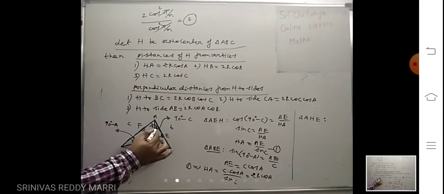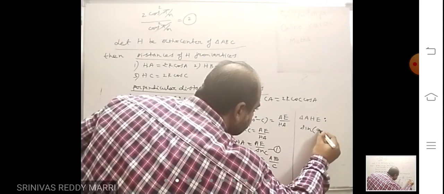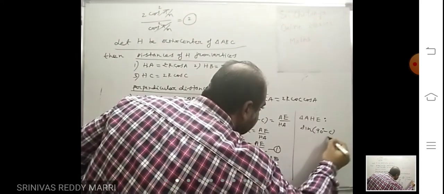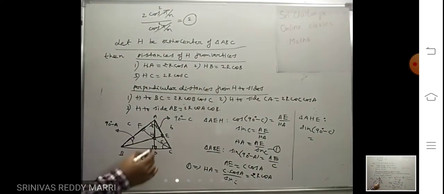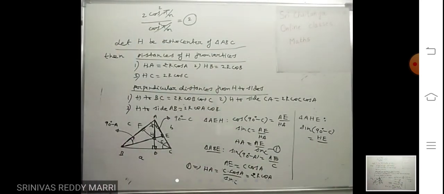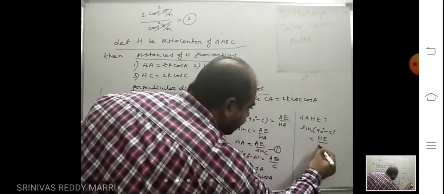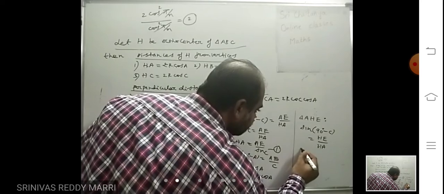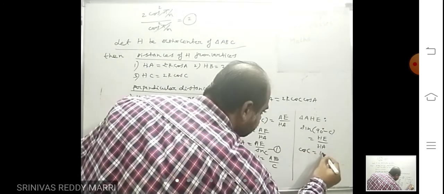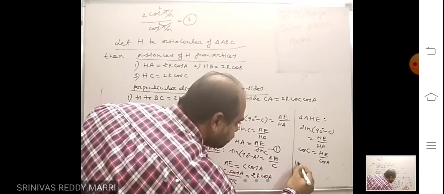Now I am writing sine of 90 minus C, which is the opposite side HE divided by the hypotenuse HA. That means cos C equals HE divided by HA.